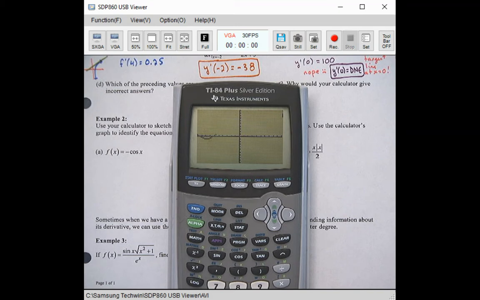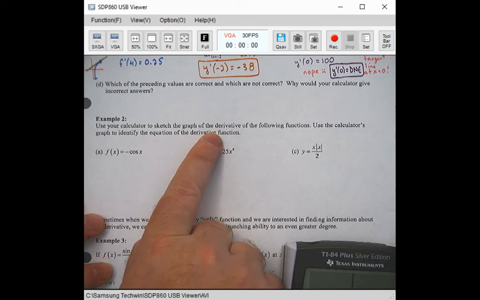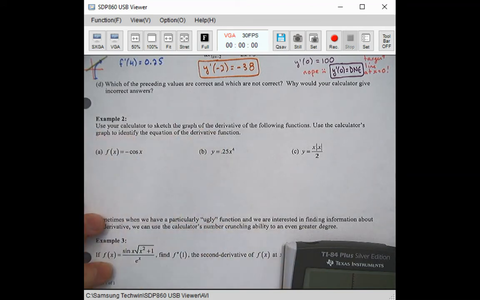Now it takes so long because your calculator is thinking really hard. It's doing the derivative of all the cosine points, and so it does take a little while to graph it. But that's a pretty famous graph. Let's make a sketch first and then try to figure out what the equation is, because we're supposed to use the calculator to sketch it, and then we're going to use the graph to identify the derivative.